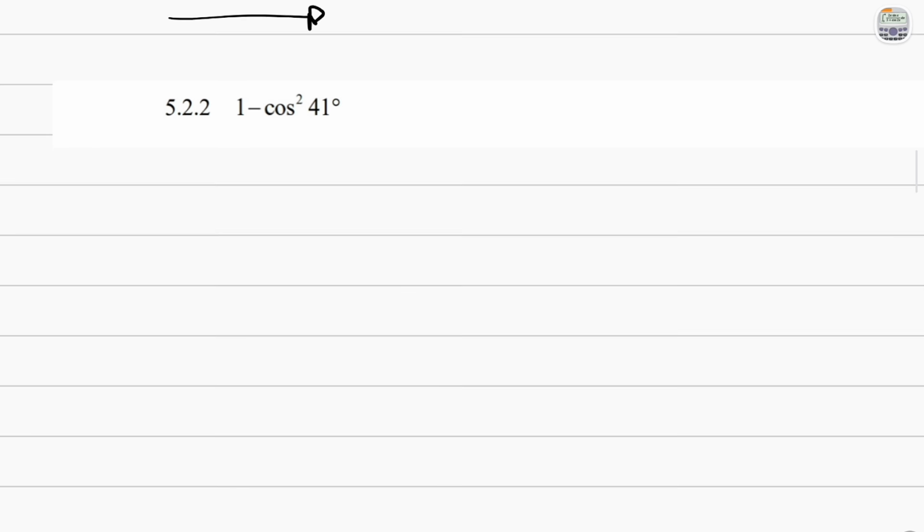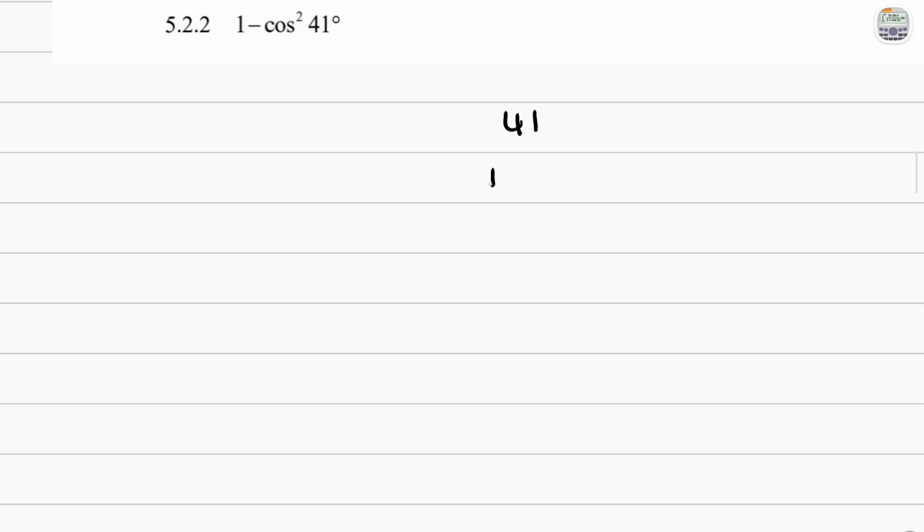Question 5.2.2 says we need to find the value of 1 minus cos squared 41 degrees. Okay, you see 41 degrees and 49 degrees. If you add them up, you get 90 degrees. So that means we can use cofunctions here. Now I don't want to just immediately change this because you see 1 minus cos squared of an angle, that is one of the identities that we have.